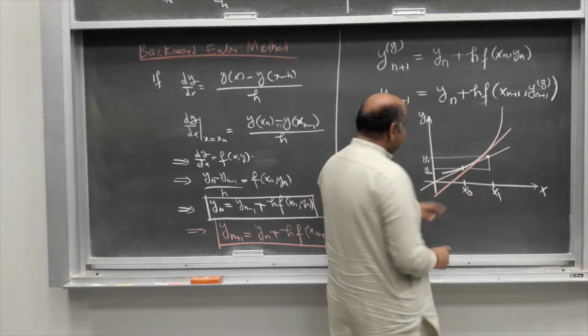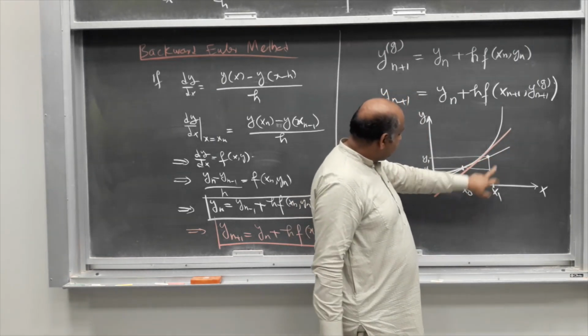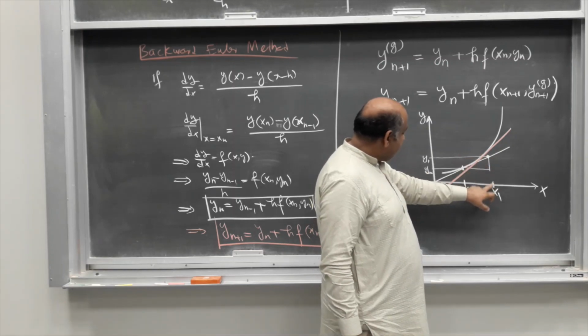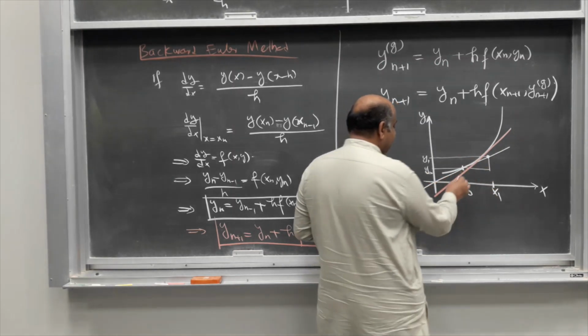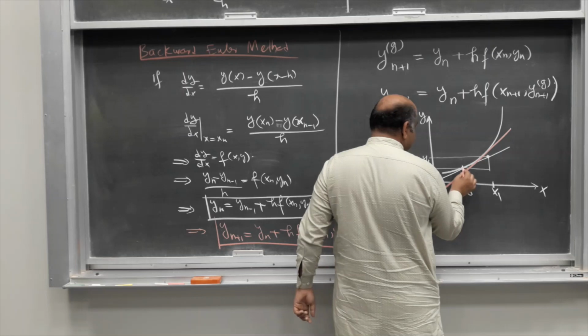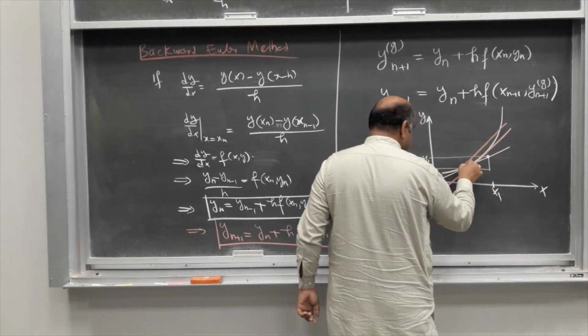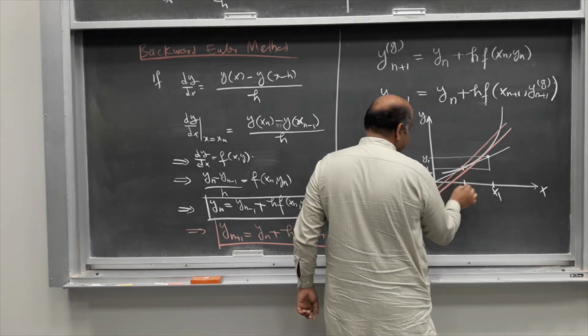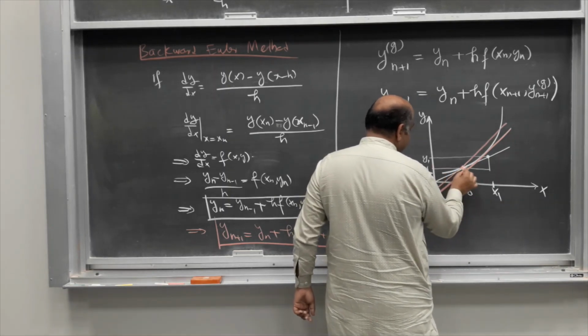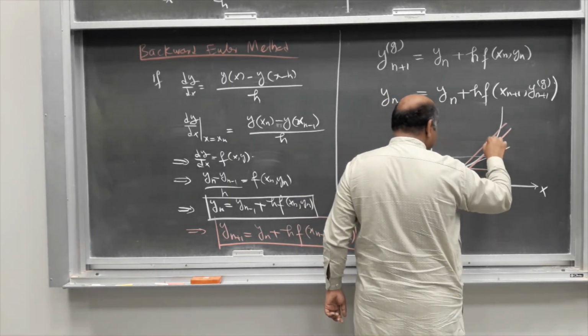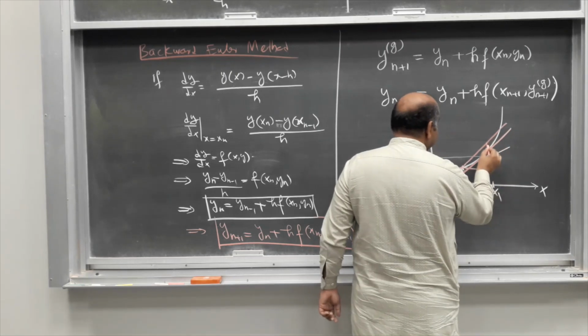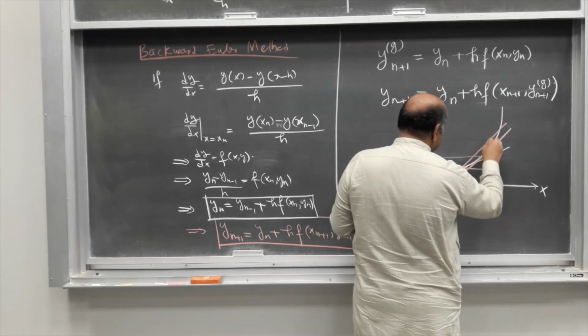So this is the next slope. Once we know the slope at the next value, we come back here and use this slope at this point. So this is our starting point y naught, and we add this part.